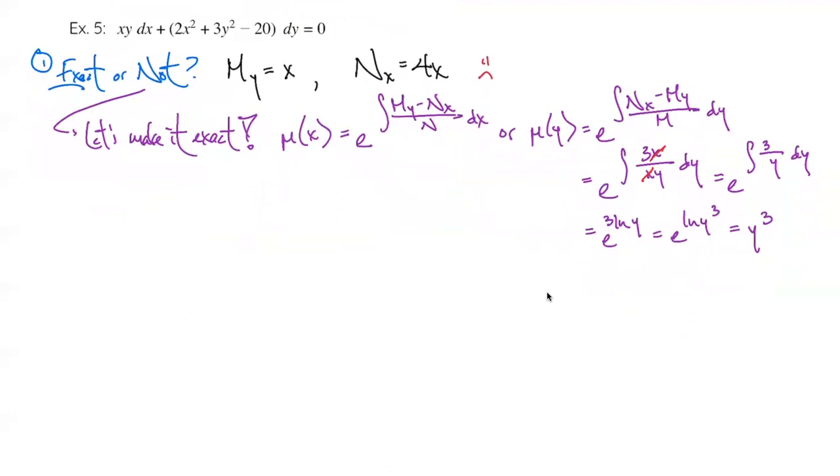So let's take this mu, which is our multiplying factor, and we're going to multiply our entire differential equation by mu.